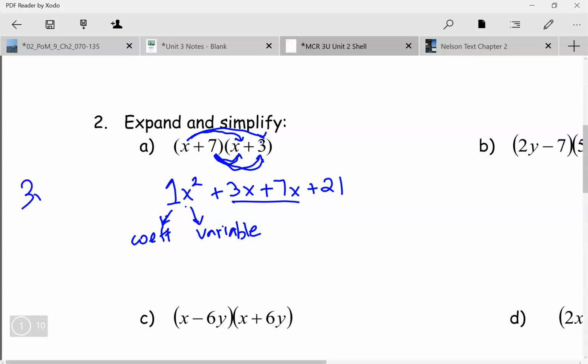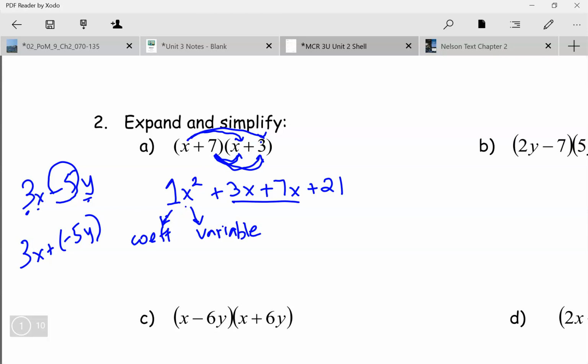So if I have like a 3x minus 5y, usually the coefficient of x is a positive 3, coefficient of y is negative 5, so that usually includes the sign. We want to consider subtraction as negative signs, so maybe they'll read this as 3x plus negative 5y, just so that we're not losing track of the negative or getting confused with subtraction or things like that.